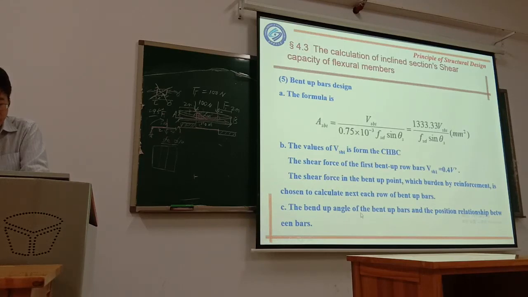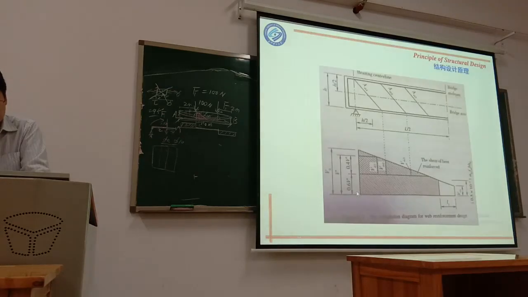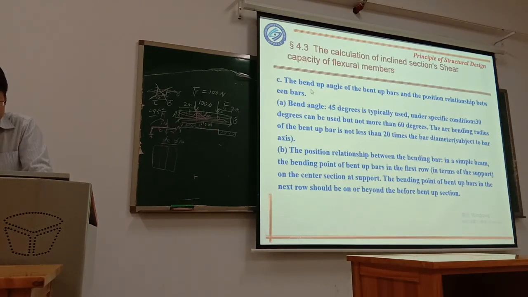The bend up angle of the bend up steel bar is normally 45 degrees, typically used. And in some specific conditions, 30 degrees can also be used. By the way, normally we don't consider that, we just use 45 degrees.